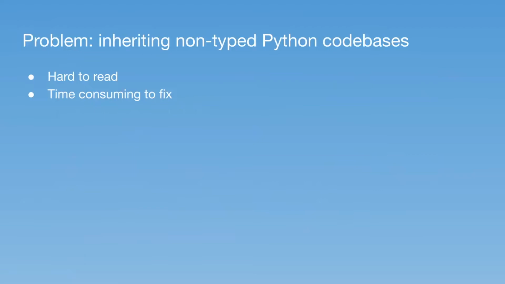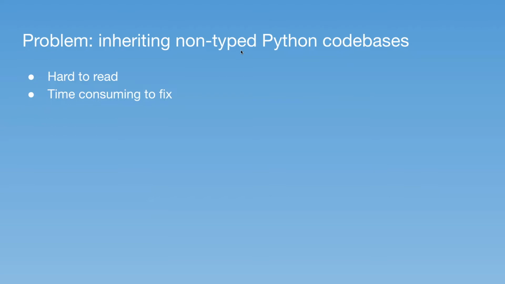In prepping for this, I think I was trying to address one particular problem, and that is that as a company, we sometimes inherit code bases, often written in Python, and quite a lot of the time, they don't have any type annotations. So we're saying that they're non-typed.